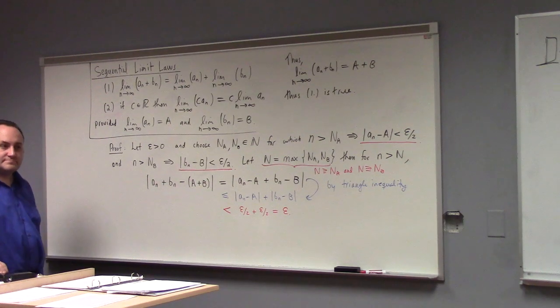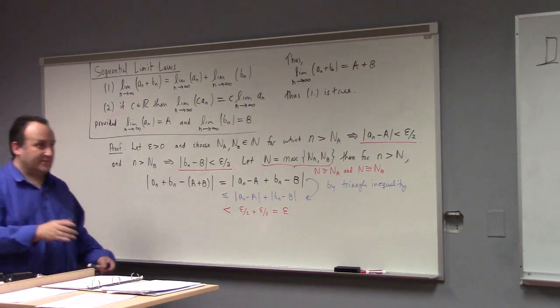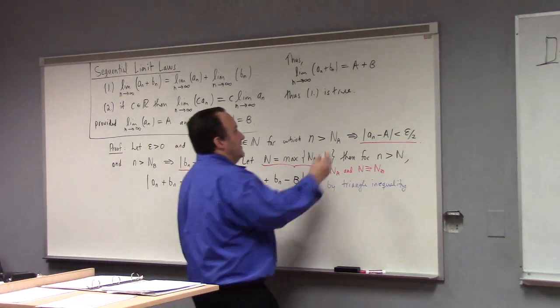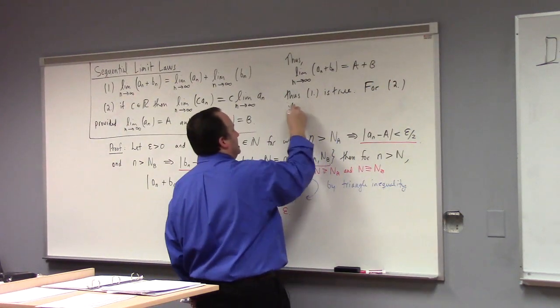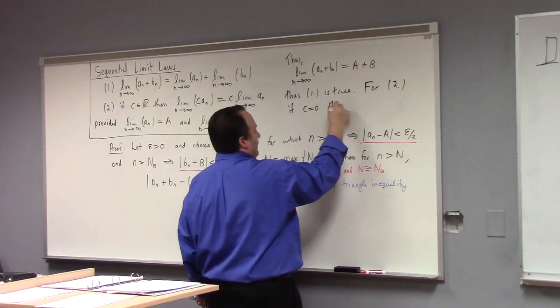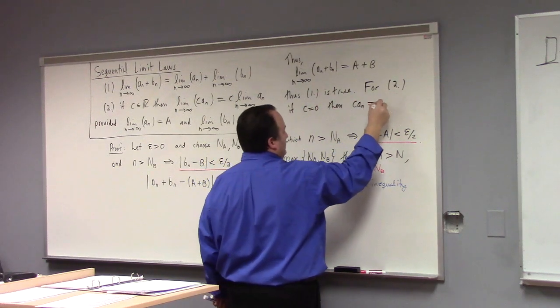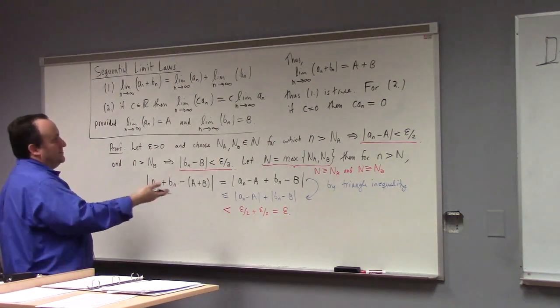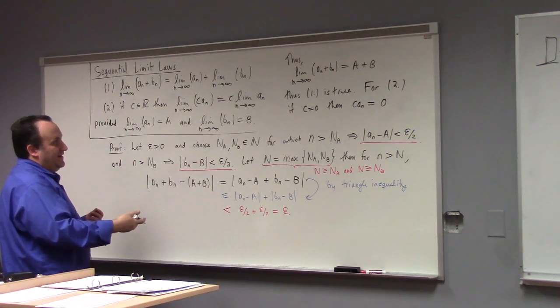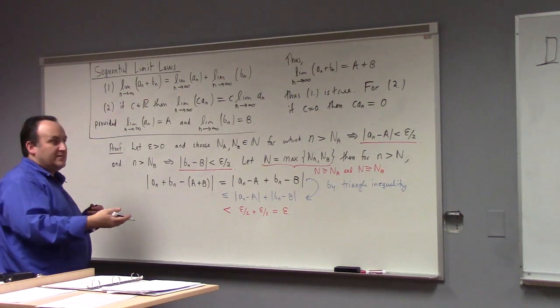How would I prove 2? Well, the proof of 2 needs 2 cases. There's a stupid case which we can deal with quickly. For 2, if c equals 0, then c a sub n is equal to what? It's equal to 0, right? And so in that case, you have the limit of the 0 sequence.